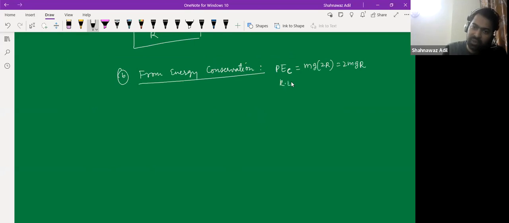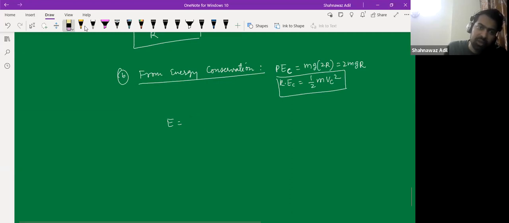Kinetic energy, we already know that is half mvC square, right? So if we write the total energy, total energy is kinetic energy at C plus potential energy at C, right?